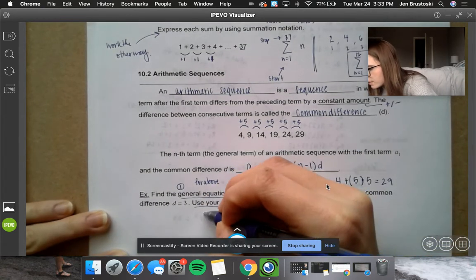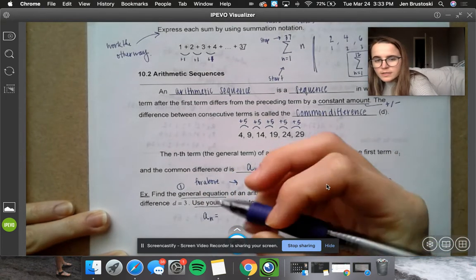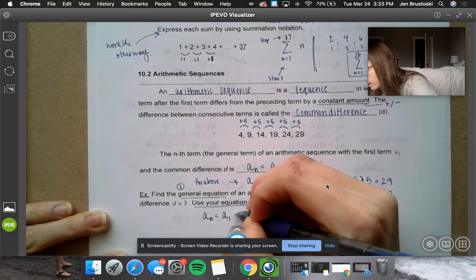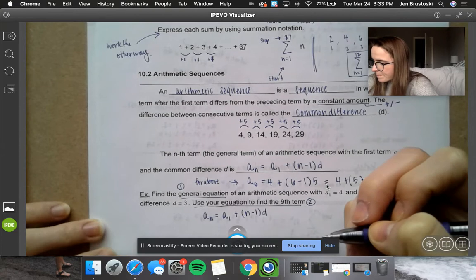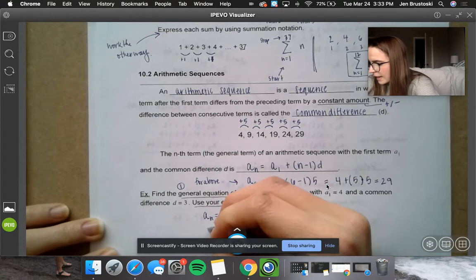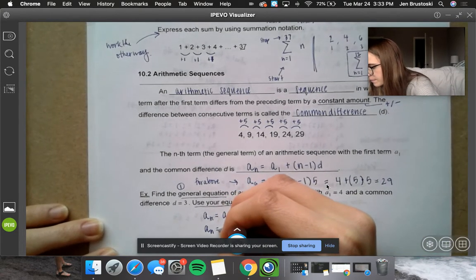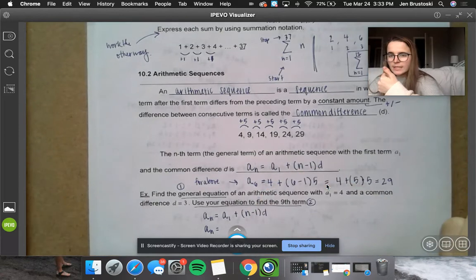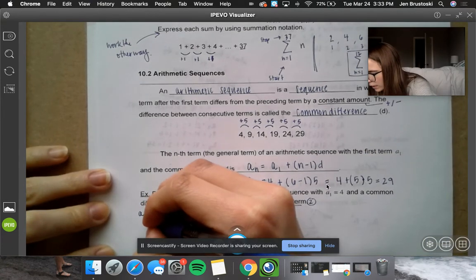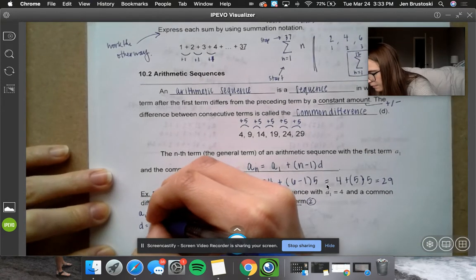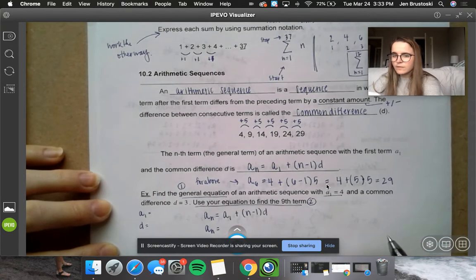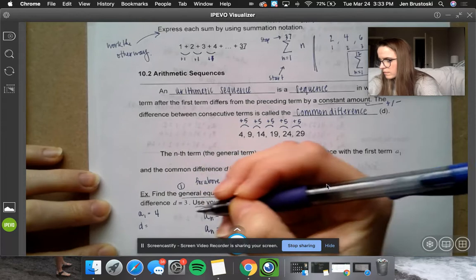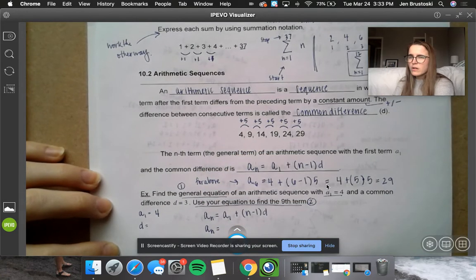Okay, so using the equation a sub n equals a sub 1 plus n minus 1 times d, for my general equation I want to have a sub n in my answer. I need to find what a sub 1 is, and I need to find what d is. n's going to stay. So a sub 1 and d. It tells us what a sub 1 is right here. It's 4. d is a little bit harder to find.